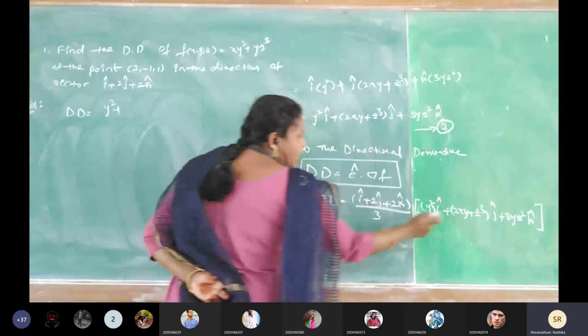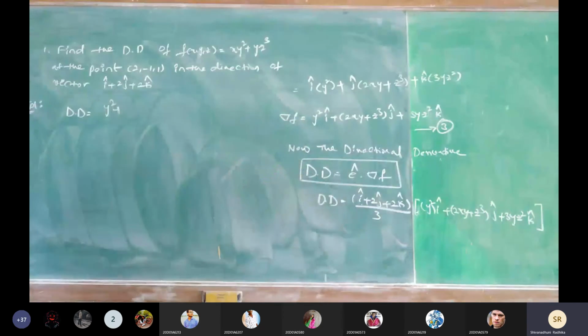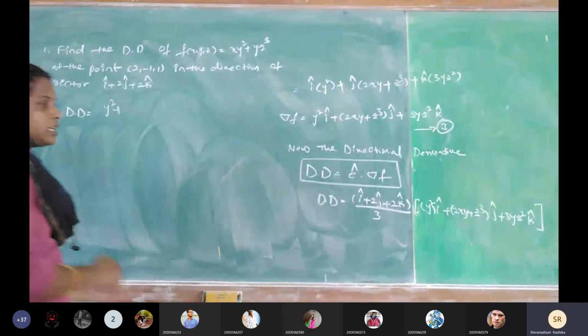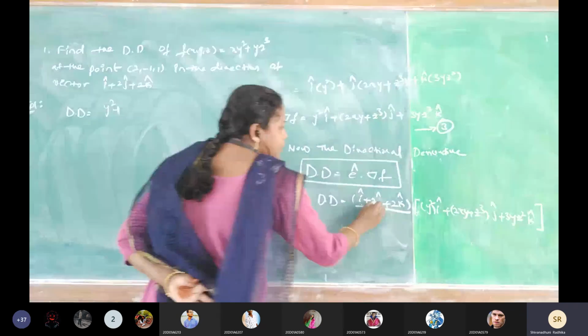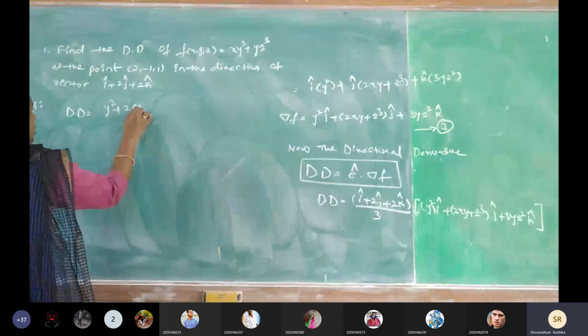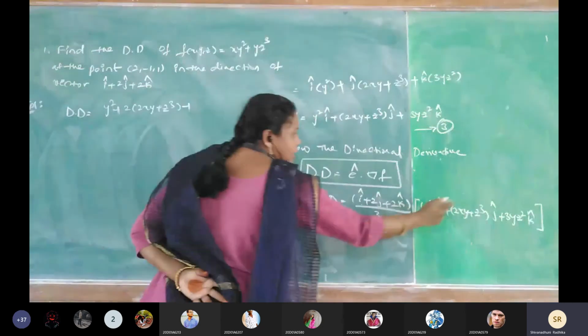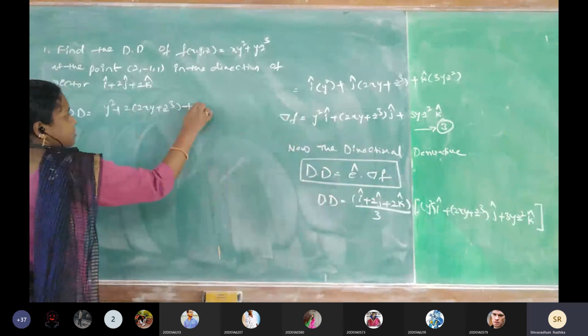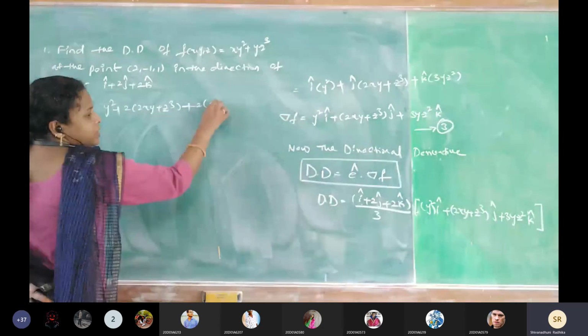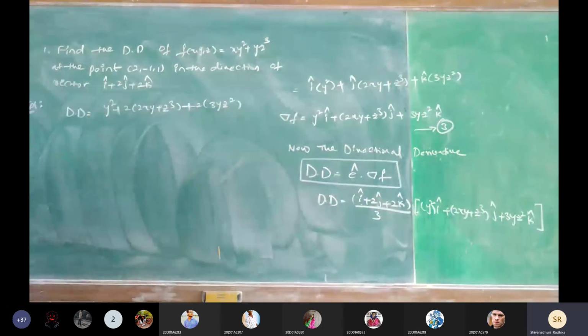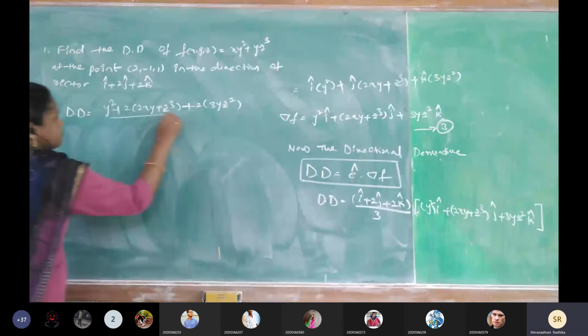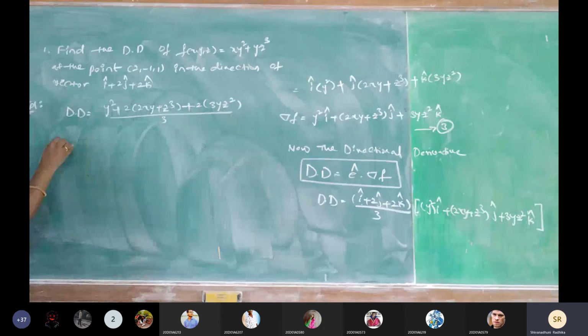Corresponding coefficients we have to multiply: 2 into (2xy + z³), plus k dot k is 1, 2 into 3yz², right, all by 3. Okay, here by 3. Now, which is the directional derivative?